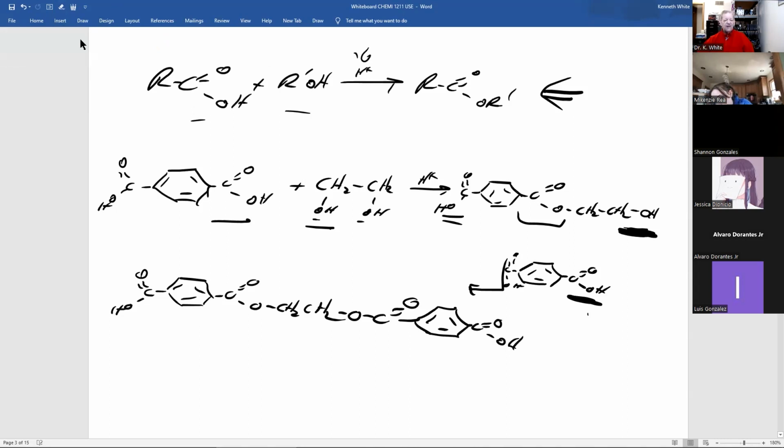Now, this new molecule, I have a carboxylic acid here that can react with more ethylene glycol. I have it here, and it can keep on going and going and going, like the Energizer bunny, bang, bang. Anyways, not to bring commercials into my class. Well, when you have that repeating unit, we can use brackets.